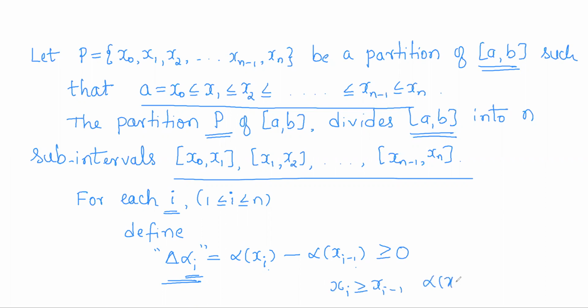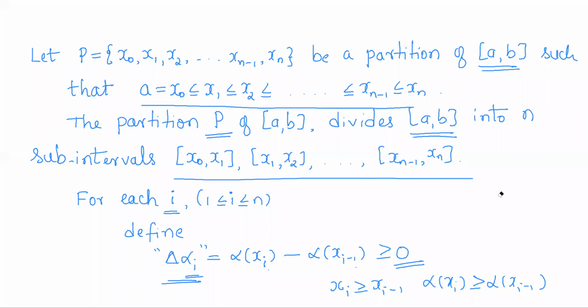So alpha xi will be greater than or equal to alpha xi minus 1. So their difference will obviously be greater than or equal to 0. So in place of delta xi in the Riemann integral, we are taking delta alpha i, where alpha is any monotonically increasing function, right?